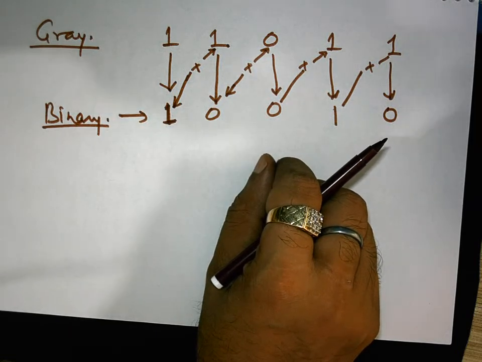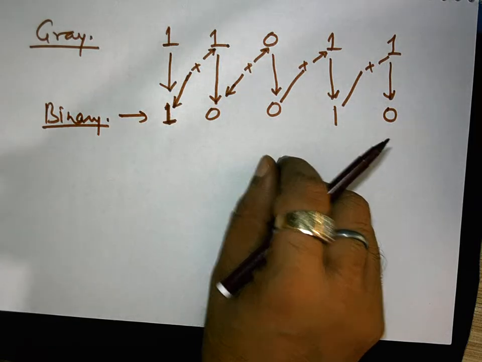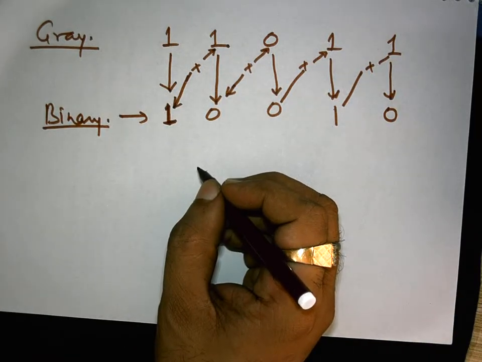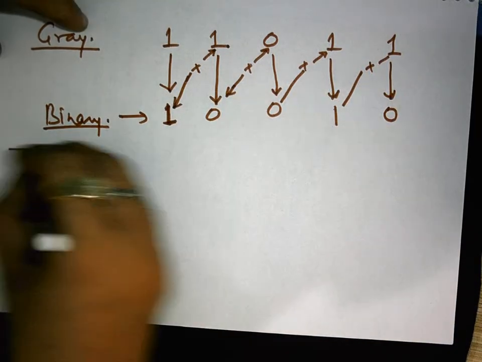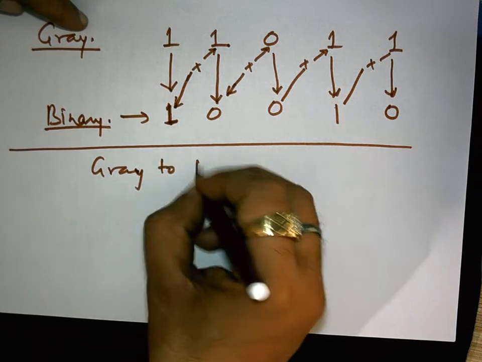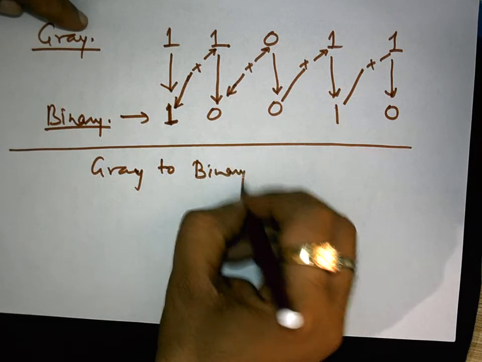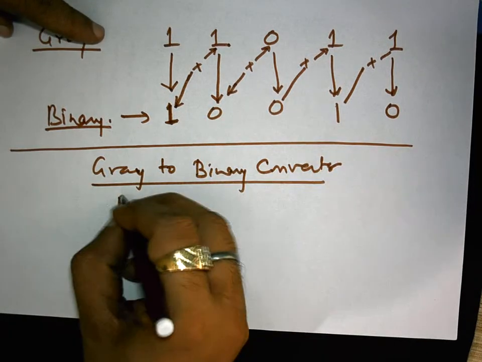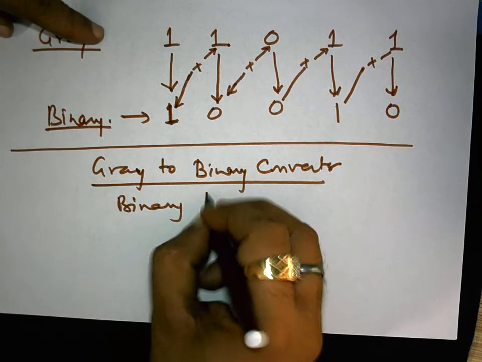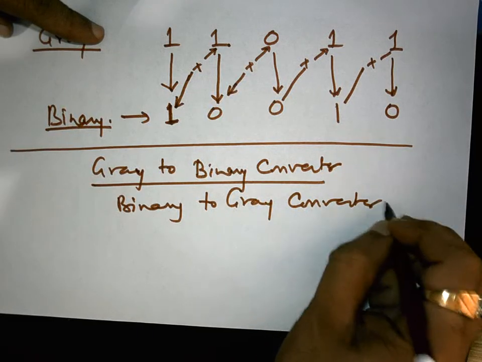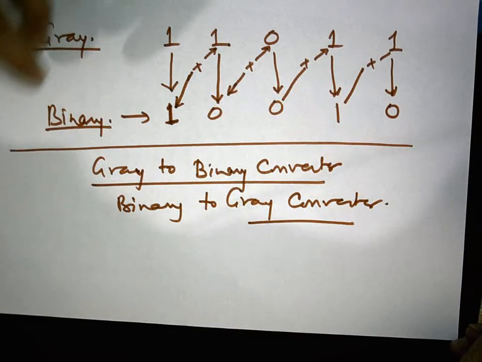We will design a circuit when we study K-map and combinational logic circuit design. We will design a circuit for a Gray to binary converter and a binary to Gray converter using K-map and other techniques.